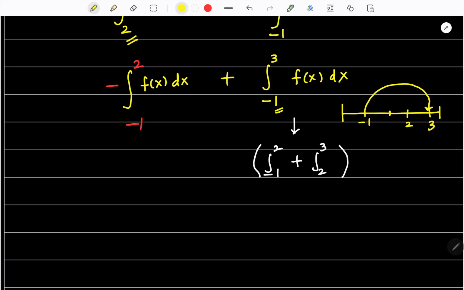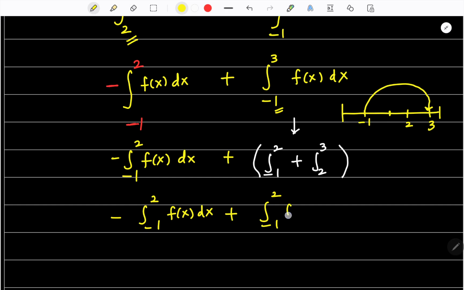So this one I'm not going to touch: minus 1 to 2 with negative sign f of x dx. Let me expand this one. Minus integral minus 1 to 2 f of x dx plus integral minus 1 to 2 f of x dx plus integral 2 to 3 f of x dx. Check it out, anything gets cancelled.